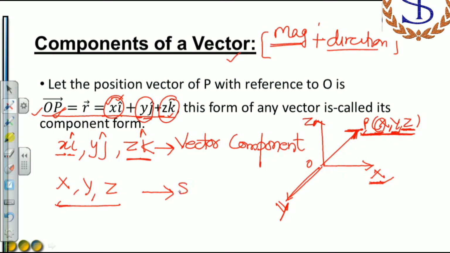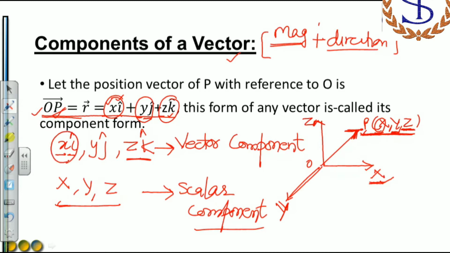That's why these are known as scalar components of the vector. So again I am asking, in this OP vector, can you please tell me the scalar components? Yes, scalar components are x, y, z. And what are the vector components? So xi cap, yj cap and zk cap are known as vector components.